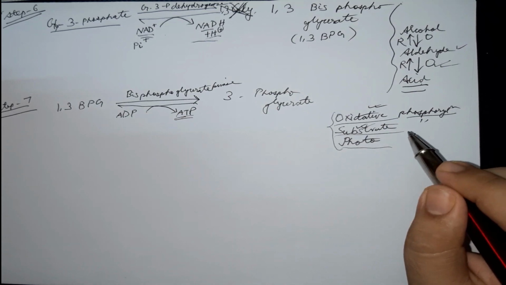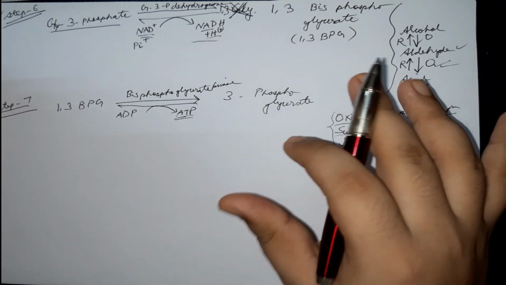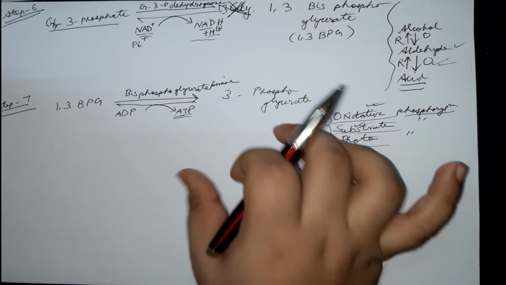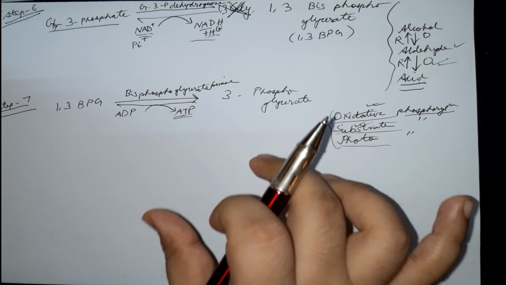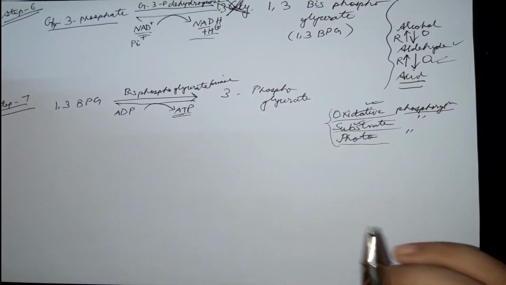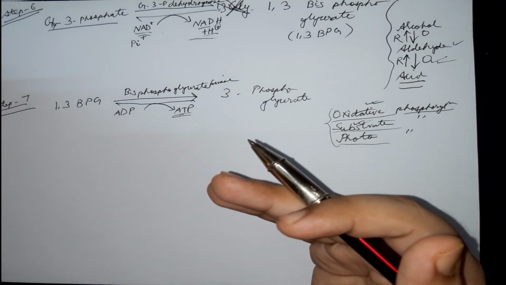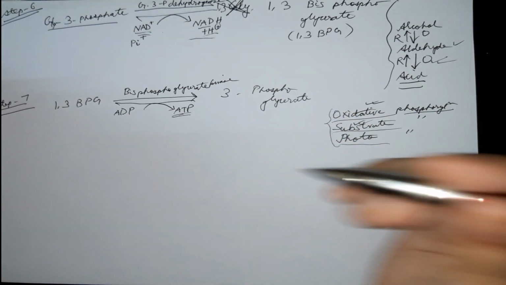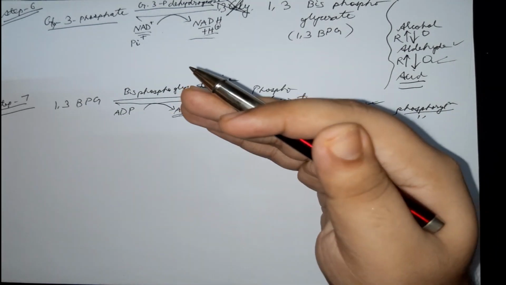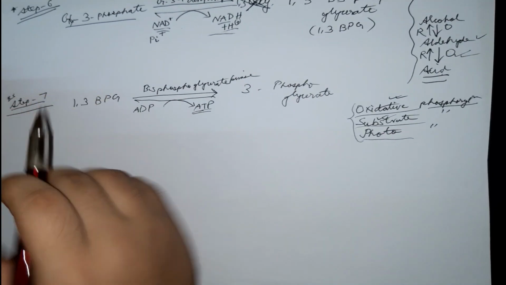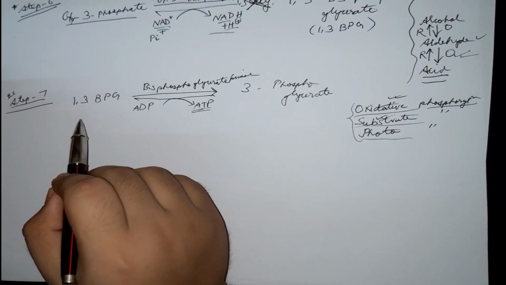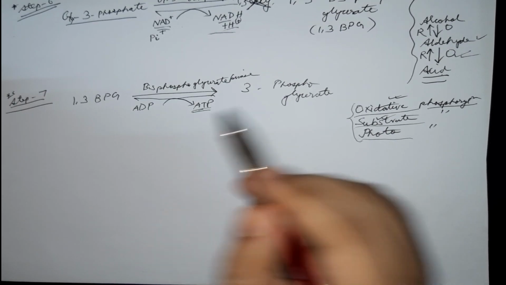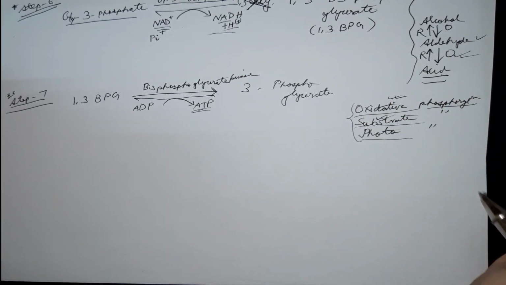Substrate level phosphorylation occurs when directly from a particular substrate itself, ATP is formed. So there is no subsequent process required, oxidation or photons striking it or something happening. No, direct, like this over here. See, this is also an instance of ATP being formed, right? So this also has to come under one of these three.